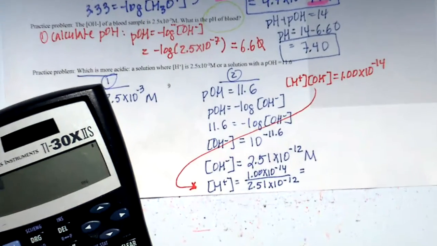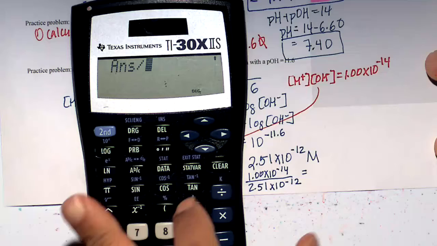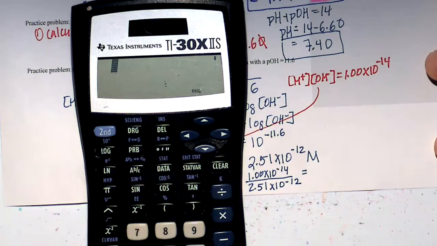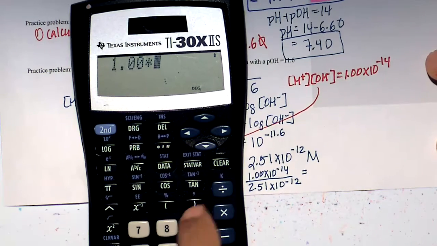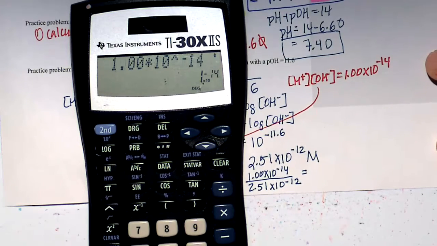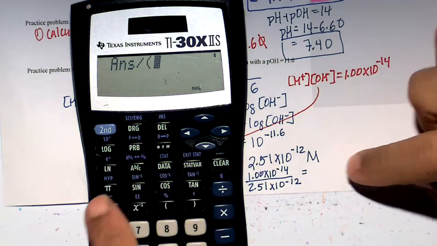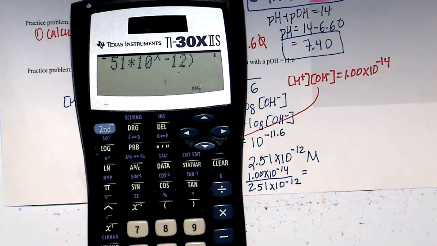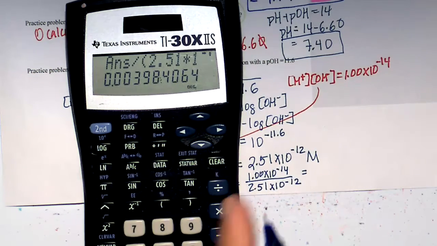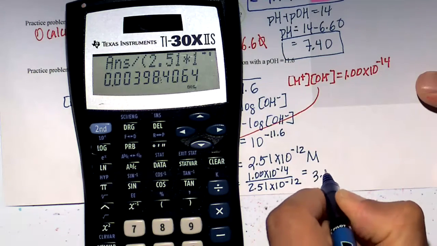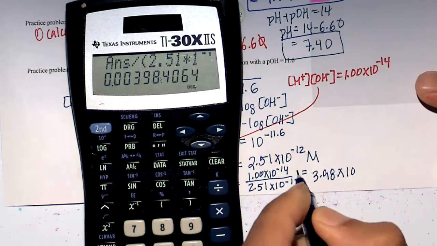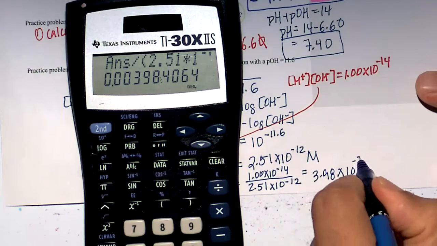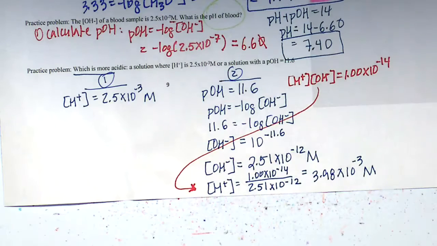Let's go ahead and get our H plus concentration from that. 1.00 times 10 to the minus 14 divided by 2.51 times 10 to the minus 12 is 3.98 times 10 to the minus 3, big M. Remember, square brackets is big M.